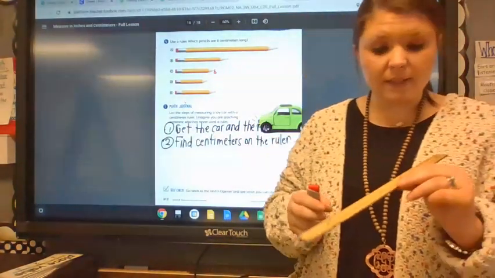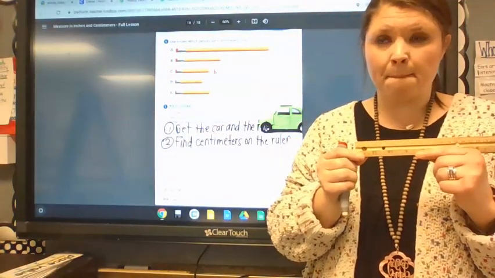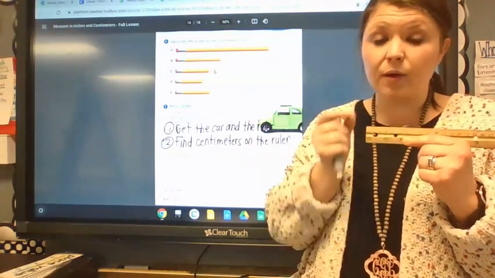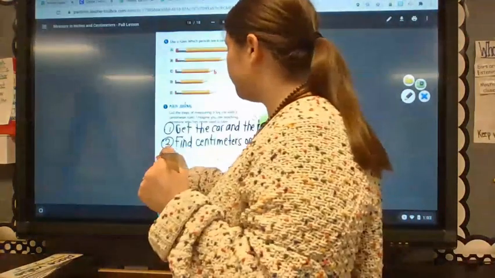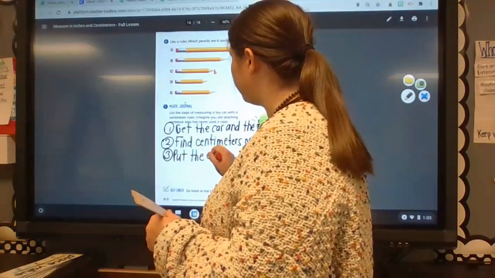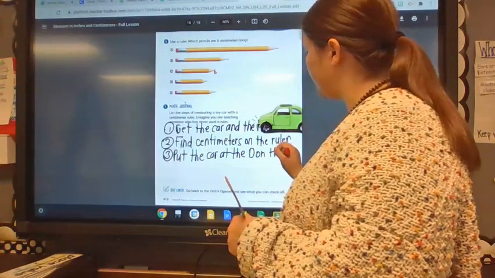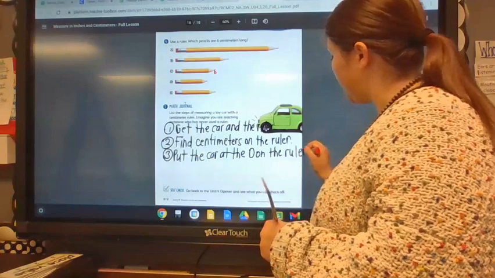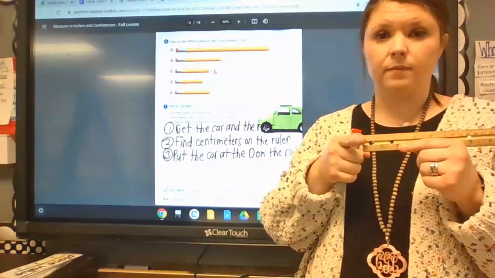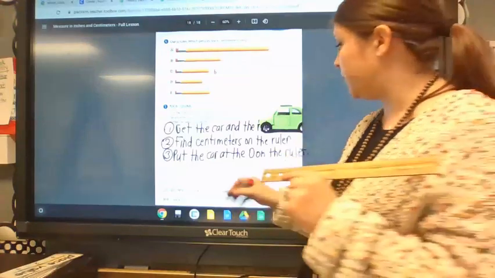Okay? Once we found the centimeter side on the ruler, what do we need to do in order to measure this toy car? All right, we need to line the beginning of the car up with either the end of the ruler or the 0. So put the car at the 0 on the ruler. All right, now that it's at the 0 on the ruler, what do I need to do next? Go to the end of the item, go to the end of the car, and see what number is below, okay?